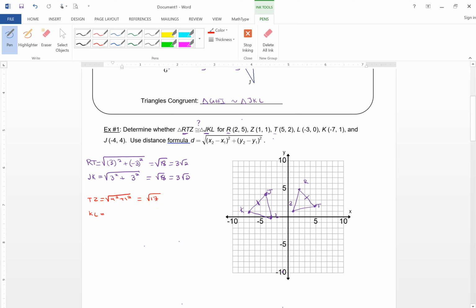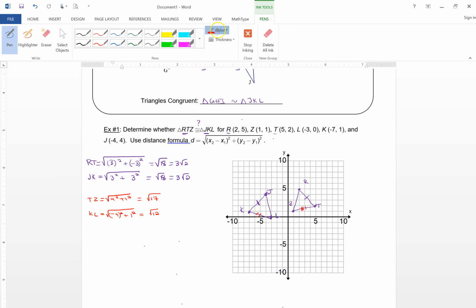KL is going to be the square root of -7 plus 3, which is -4 squared, plus 1 minus 0, 1 squared, which is the square root of 17. So we know that TZ is congruent to KL.